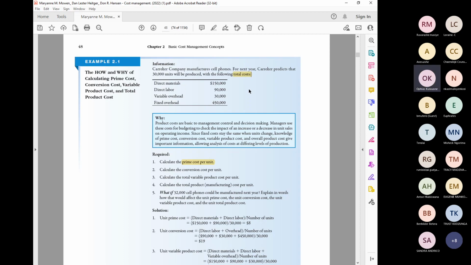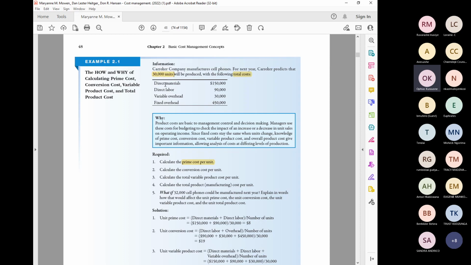You might move out of the examination claiming that you have totalized, but you have nothing in your pocket because you were not reading the question. Because if they are saying per unit, it means you should add 150 plus 90 divided by the number of units. The number of units is 30,000.